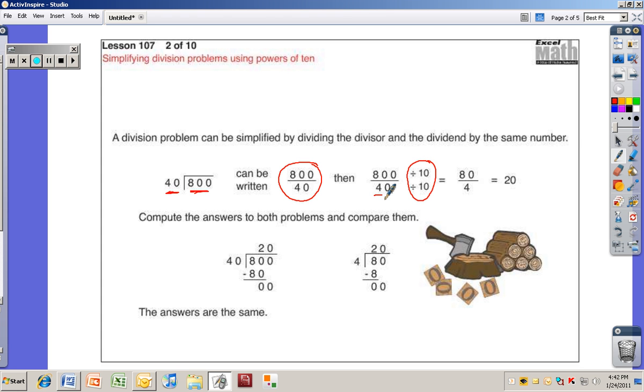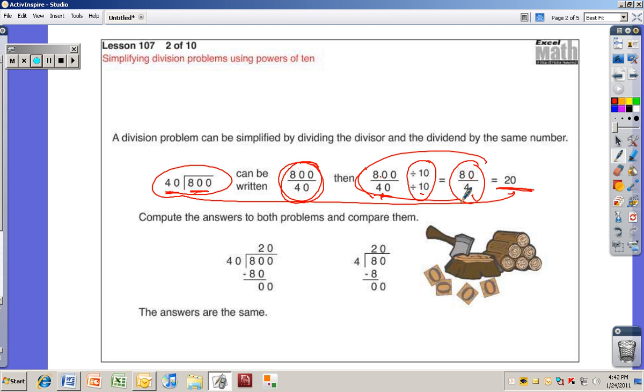So you can just glance at this and see that I could divide both of those by 10, can't you? So 800 divided by 10 is 80, and 40 divided by 10 is 4. So now this big problem, 800 divided by 40, becomes 80 divided by 4, which is equal to 20. So that means that 40 into 800 is also 20, because these two fractions are equal to each other.